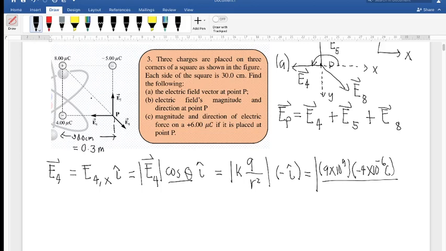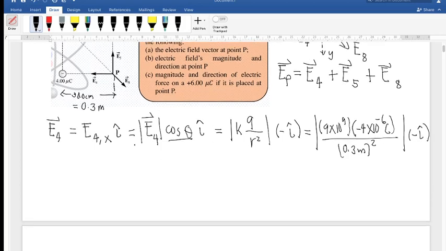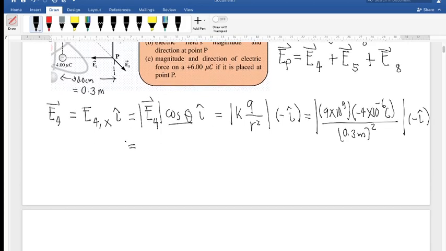Okay, so we have to put that one here. So that is 0.3 meter squared. Tapos we have the negative i hat. So you have to simplify. 9 times 10 to the 9 times 4 times 10 to the negative 6, then divided by 0.3 squared.